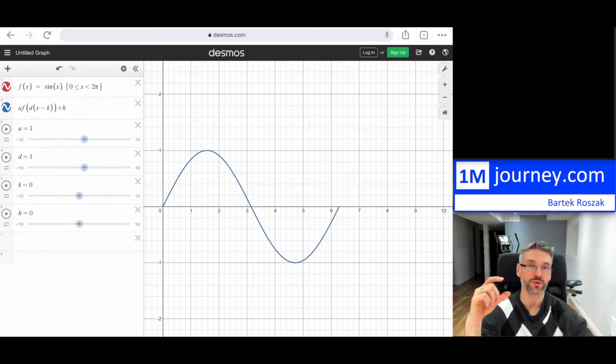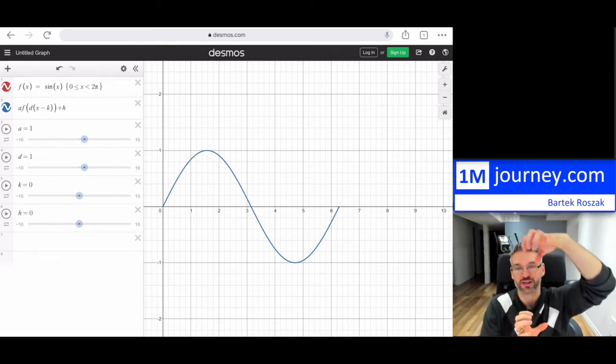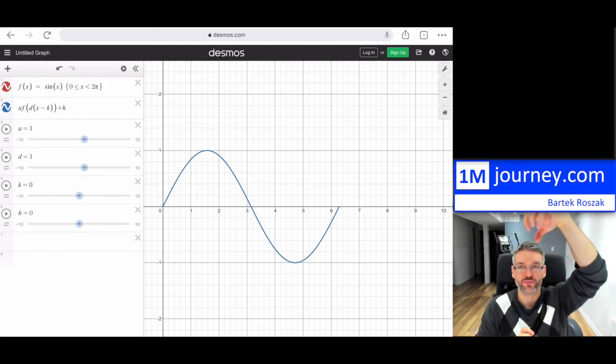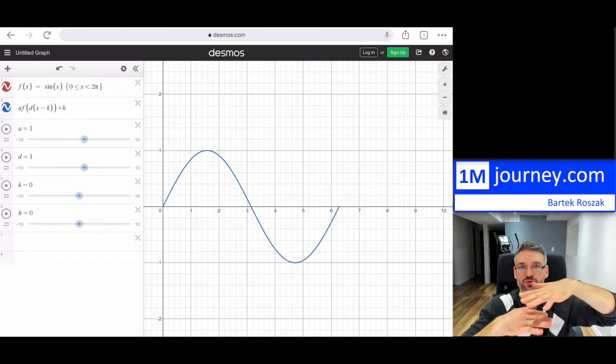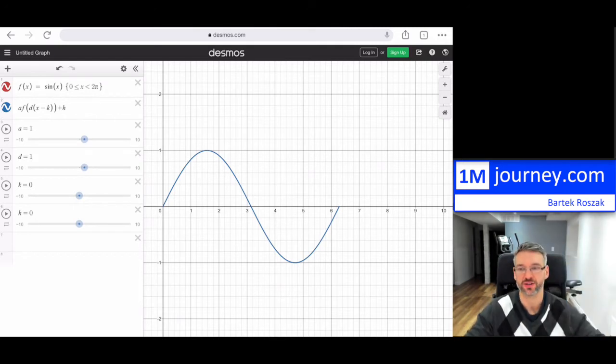And what we said was, if A is greater than 1, it's going to start to stretch these things out. If it's less than 1 but greater than 0, it's going to try to compress it down. So that's what we would try to see. Let's see if this is actually what will happen.